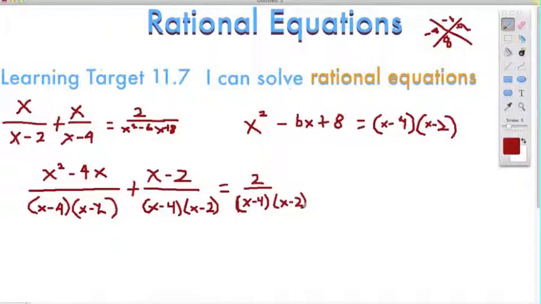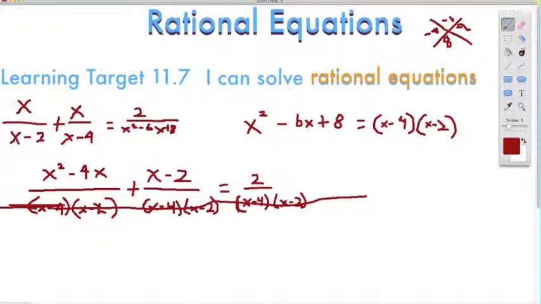Now, what do we do? Well, since we have the same denominator for all of this, we can simply get rid of the denominators. Okay?